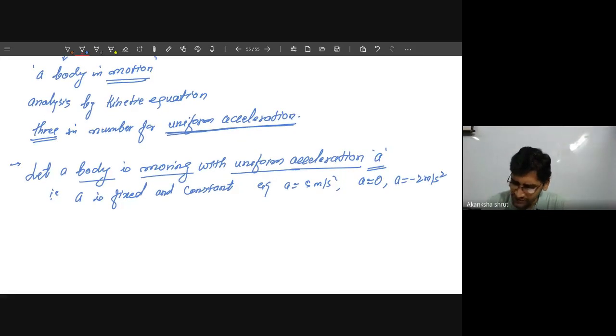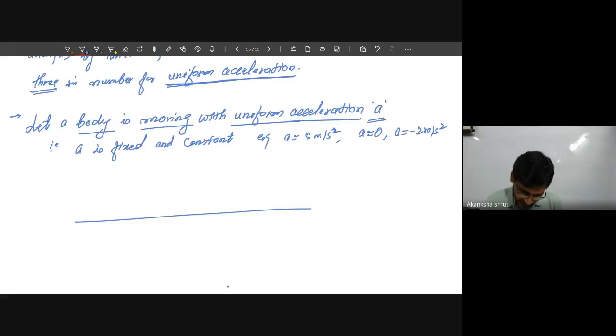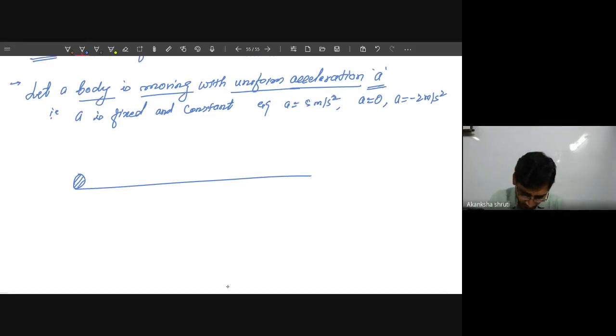It can have any of these values. All are constant. Students, such a motion we are considering for an object. It is possible that the object may have started from rest, in which case the initial velocity is 0. But I am considering an object having some initial velocity u.